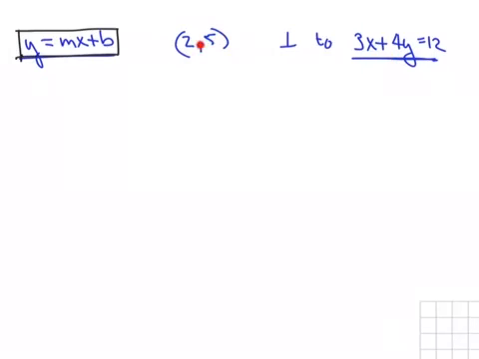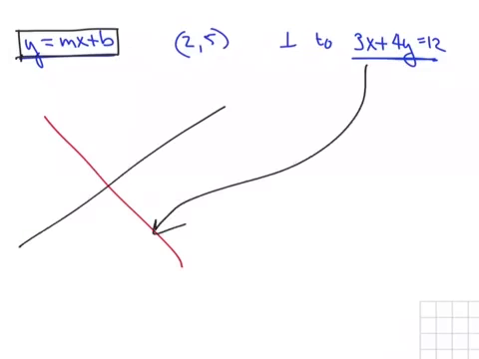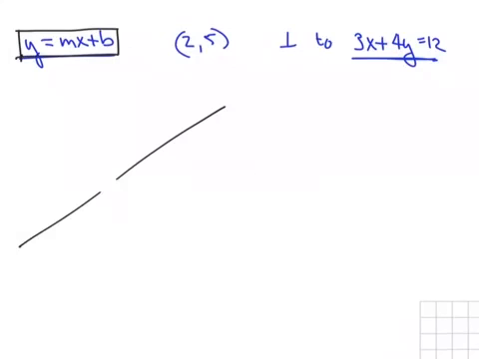So we'll kind of ignore this part right here for right now, and we'll look at this. Well, why do we want to look at this? Because they said that the line we're looking for is perpendicular to this line. If you remember, with perpendicular lines, the slope is always the opposite and turned upside down.